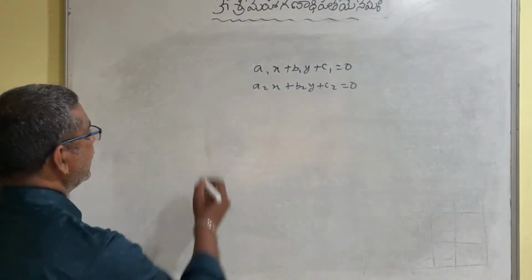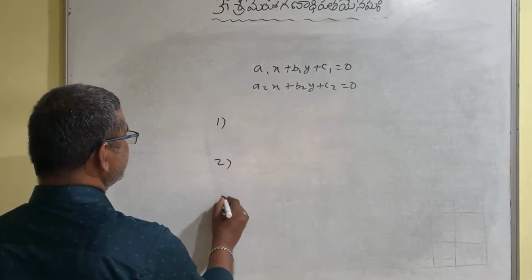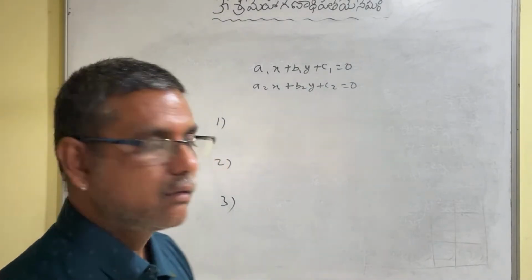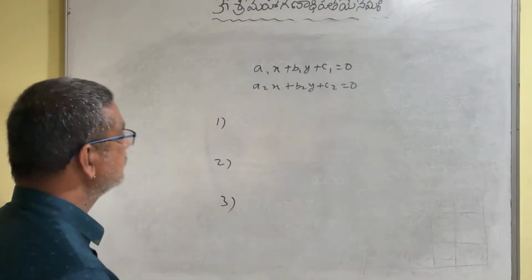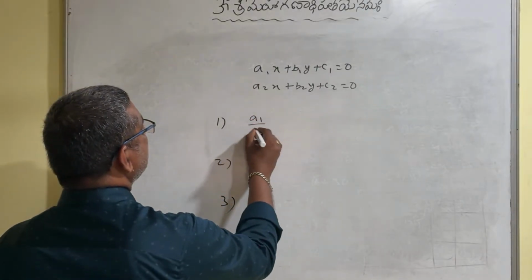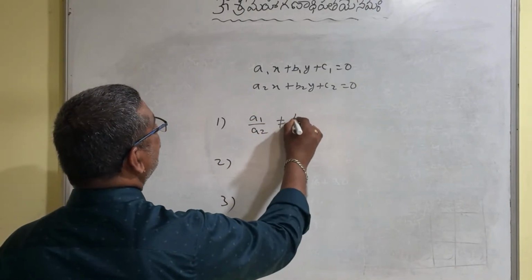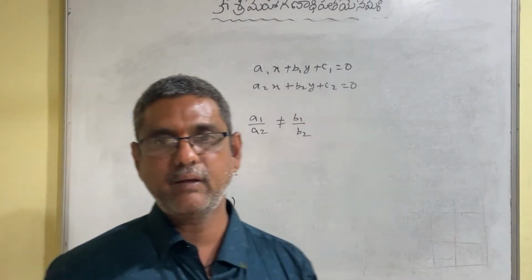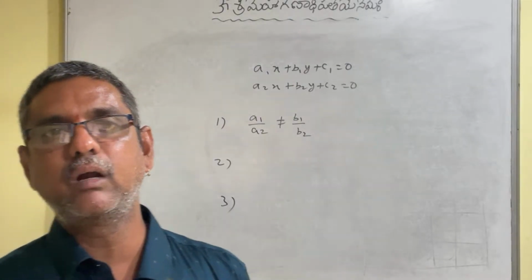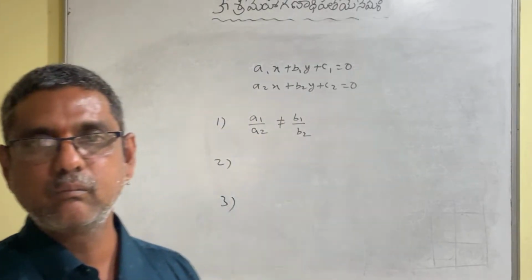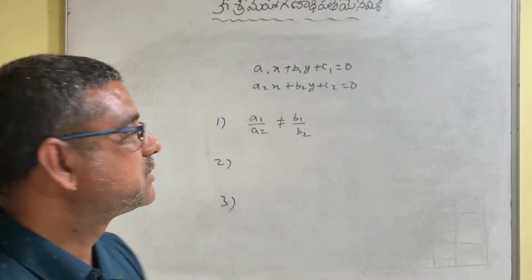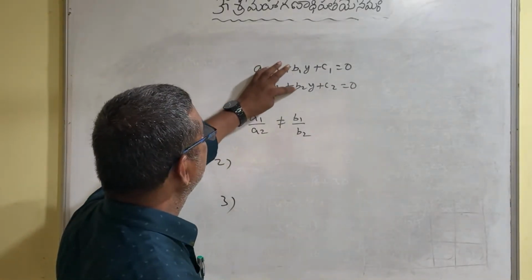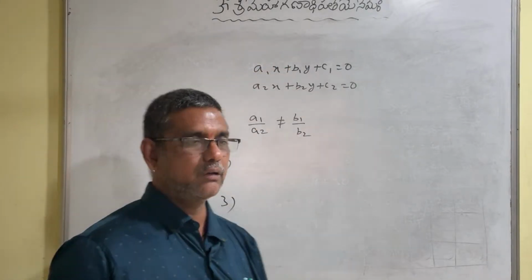See, there are three conditions of consistency. First condition is a1 by a2 is not equal to b1 by b2. Means the coefficients ratio a1 by a2 and b1 by b2 are not equal.